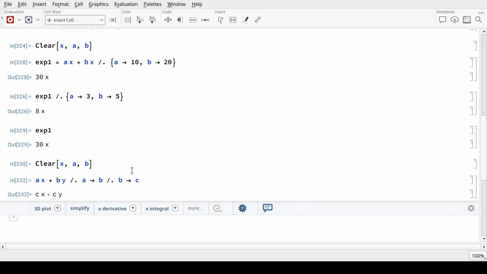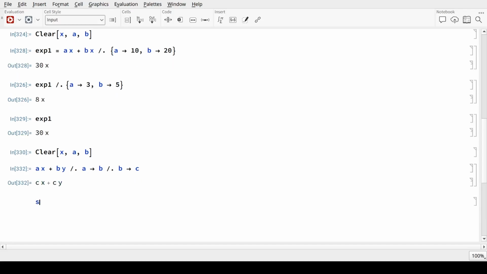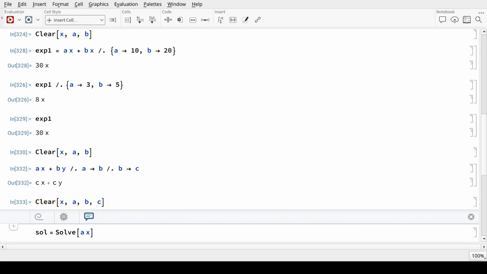For instance, we can go over the quadratic equation and verifying its solution. Let's clear the variables again, a, b, and c.